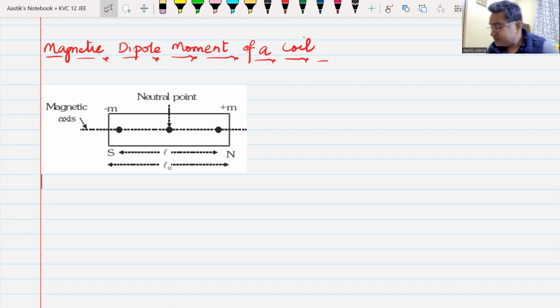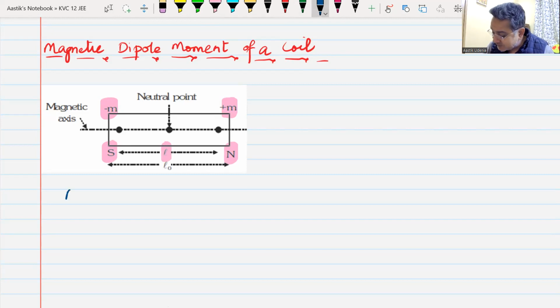So, once upon a time, there was a magnet which has magnetic pole strength minus M, plus M. The positive pole was known as the north pole. The negative pole was known as the south pole. And we have something known as the magnetic length, the distance between the north and the south pole.